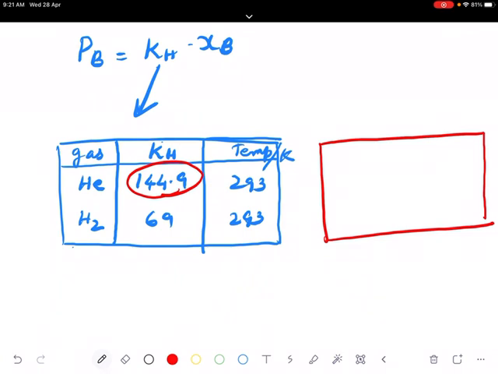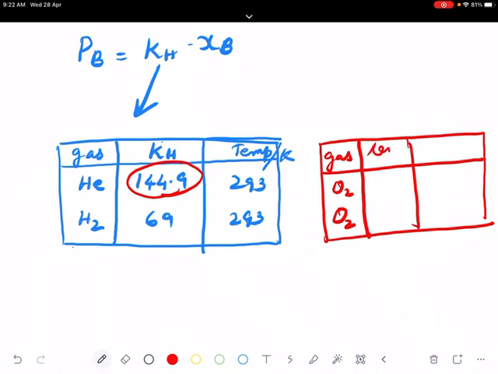For example, the gas is oxygen, O2. The temperature is different: a low temperature of 93 Kelvin and a high temperature of, for example, 303 Kelvin.